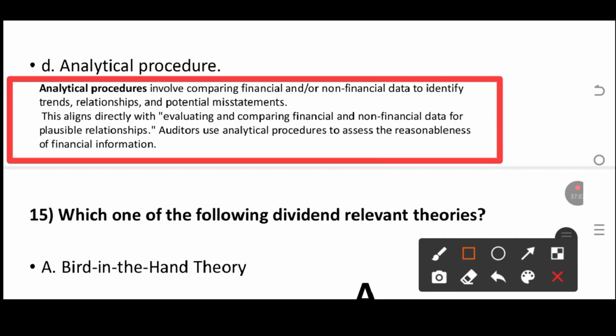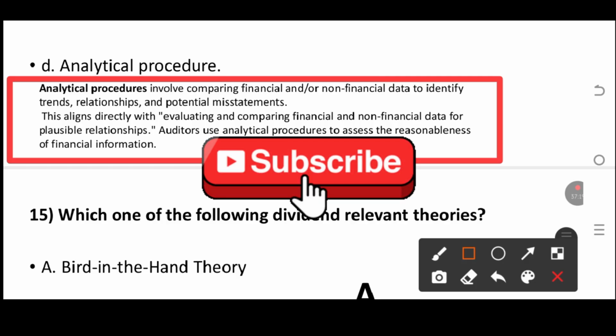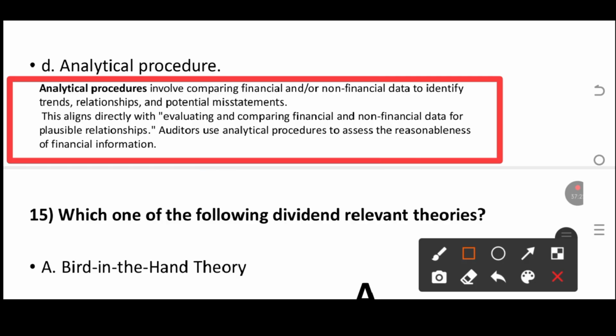This aligns directly with evaluating and comparing financial and non-financial data for plausible relationships. Auditors use analytical procedures to assess the reasonableness of financial information. This is the basis for audit procedures. Thank you.